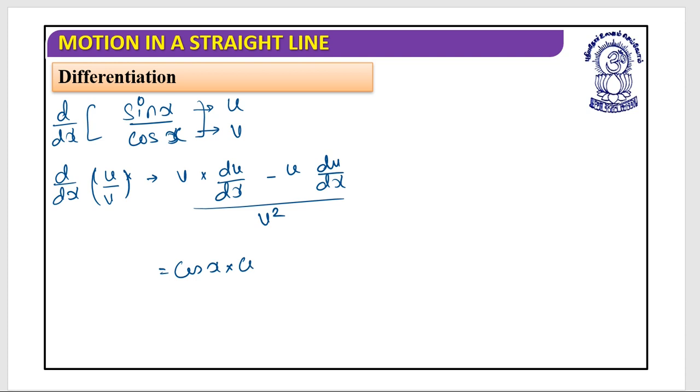Yes, it is cos x, minus of u, it's a sin x, multiplied by differentiation of cos x, what is it? Try to remember it, it's a minus sin x, divide by v square, it's a cos square x.